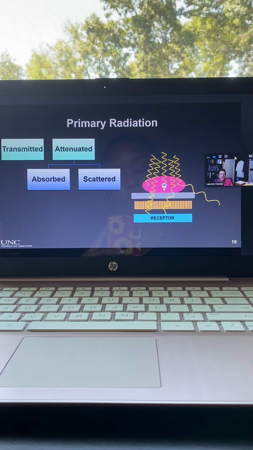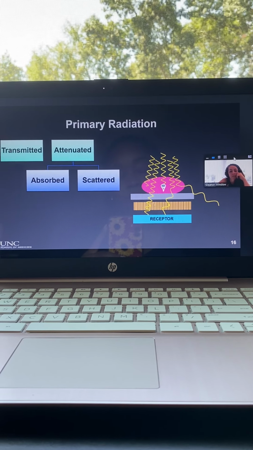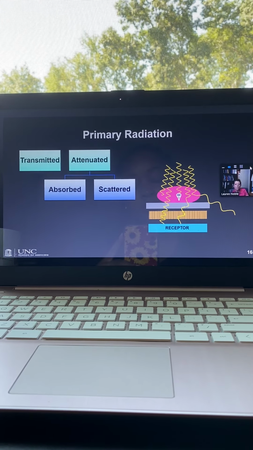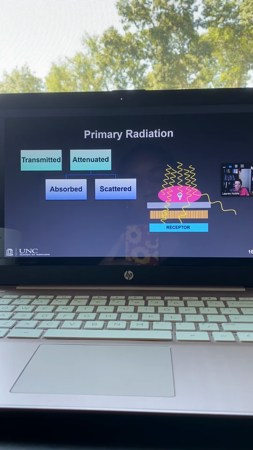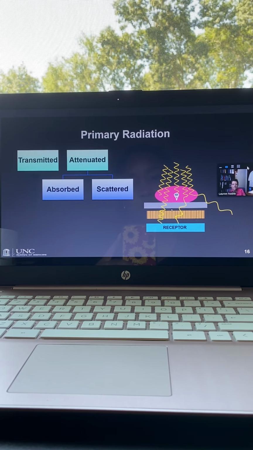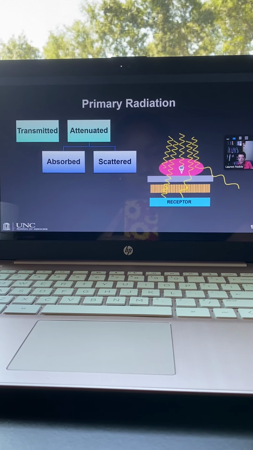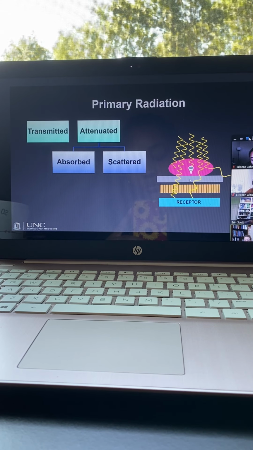So I know it gave up some of its energy. Okay. So the transmitted photon and this scattered photon are part of the remnant beam. These X-rays are making it down to the image receptor and will interact with that image receptor. Okay. The absorbed photons are not part of the remnant beam because they're absorbed by the patient. They never make it out of that patient.